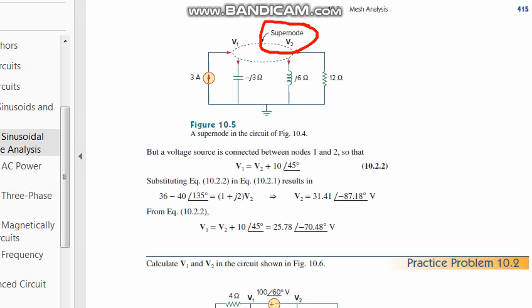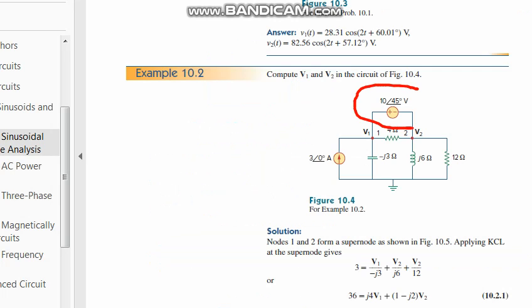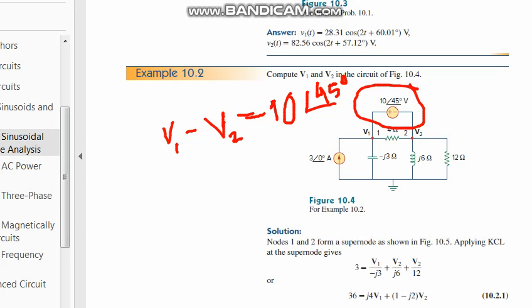As you know, there is a V1 and a V2, and there is a voltage source between them. So you can easily write this equation: V1 minus V2 equals 10 volts at a 45 degree phase. That will be the difference.